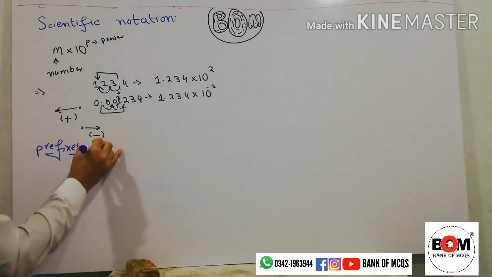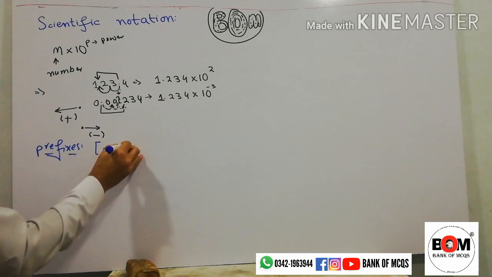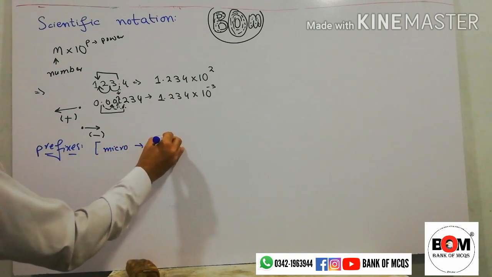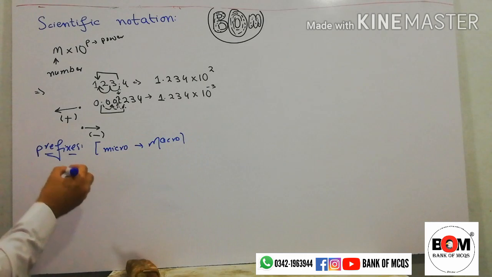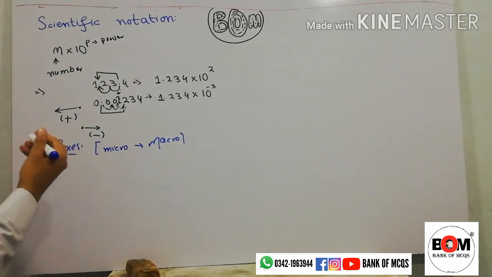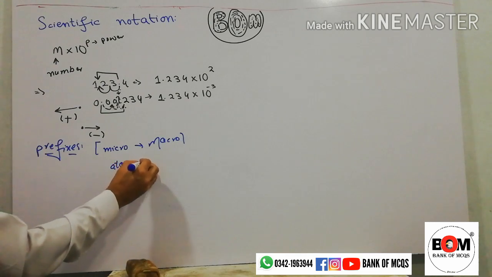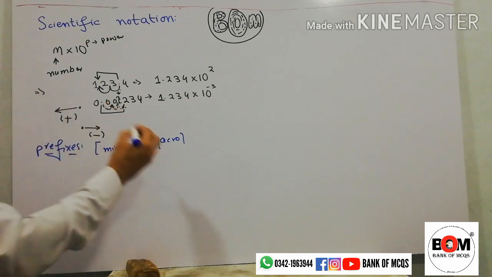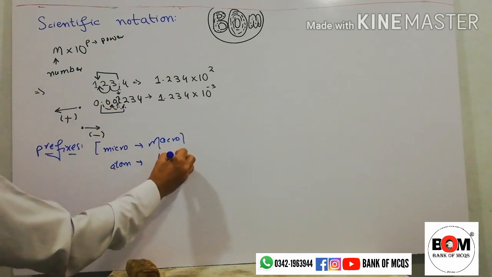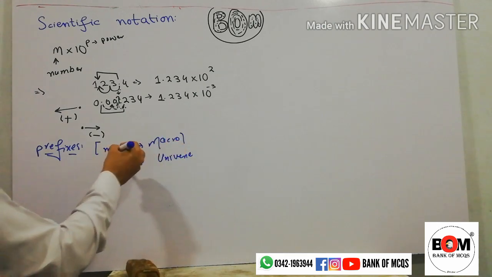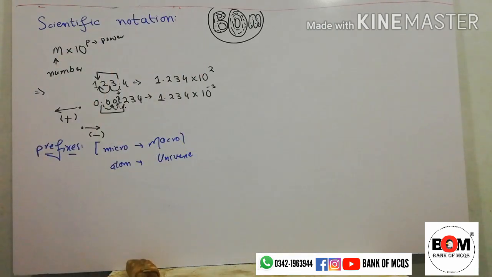The whole of physics starts from the micro level and goes to the macro level. For example, on one side we talk about the atom, while on the other side we talk about the universe. So the whole of physics starts from the small micro level and goes up to the macro level.